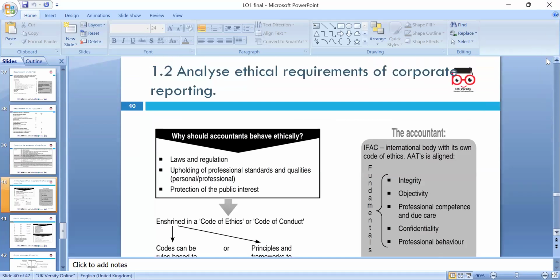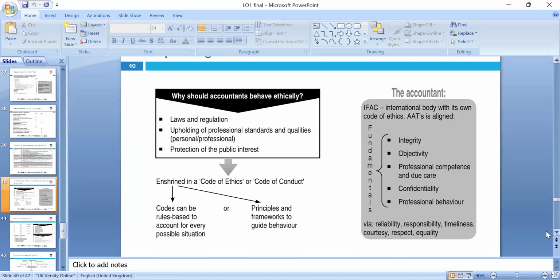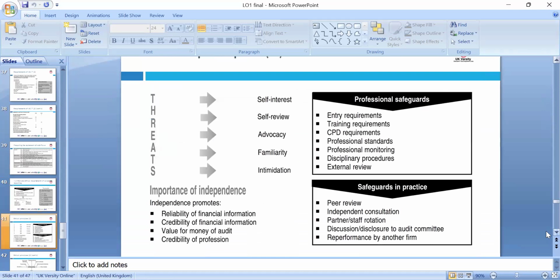And as we mentioned in 1.2, we need to look at the five professional codes of ethics: integrity, objectivity, and so on. We follow all the rules and regulations and international accounting standards. And the threats: self-interest, if you are recommending something for the sake of your own interest because you have a financial interest. Self-review, checking your own work. Advocacy, if you are giving advice to one client, you may be compromised and not objective in your profession.